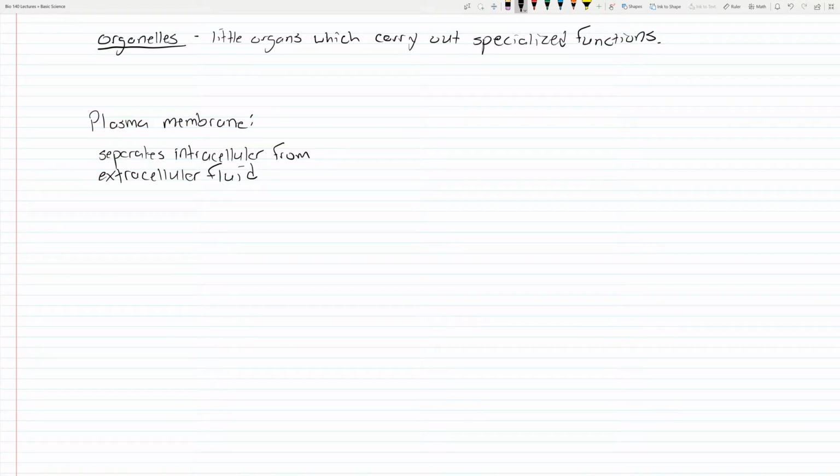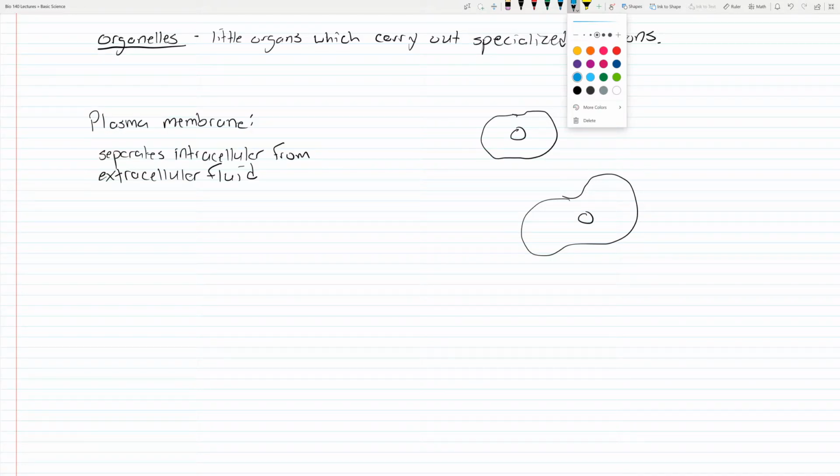Okay, so if I have a cell here, and I have a cell over here, and yes, the cells aren't perfect circles most of the time. I got the nucleus in here. So the fluid on the inside of the cell, that's intracellular fluid.